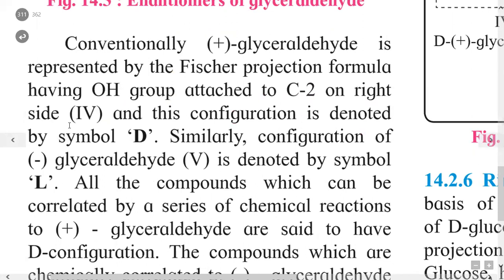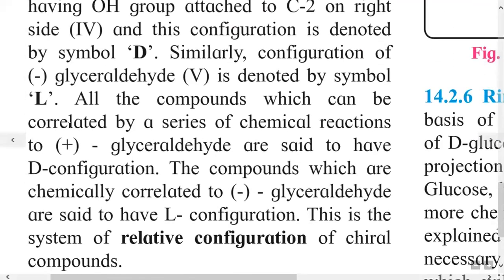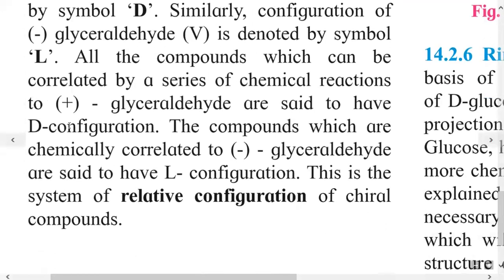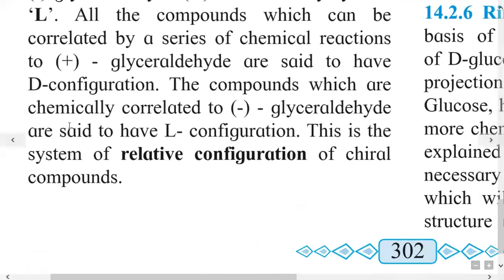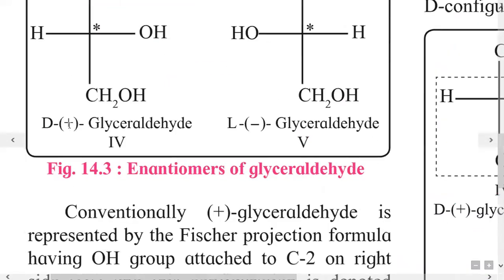In the plus glyceraldehyde, the OH group on the second carbon is on the right side and denoted as D-glyceraldehyde. In the other molecule, the OH group on the second carbon is towards the left side, and hence it is the L configuration. The compounds which are chemically correlated to D-glyceraldehyde are said to have D configuration, and the compounds correlated to L-glyceraldehyde have L configuration, and this system is a relative configuration of chiral compounds.